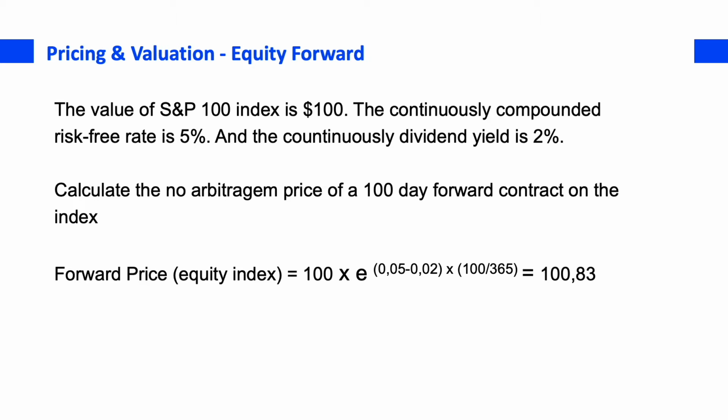$100 is our spot, the current value of the index, times e to the power of the risk-free rate, the 5% as a decimal, minus the continuous dividend yield of 2%, then times T. What do we have in here? It's a 100-day contract. We are using effective rates here. These are continuous but still 365 days, so multiplied by 100 over 365.